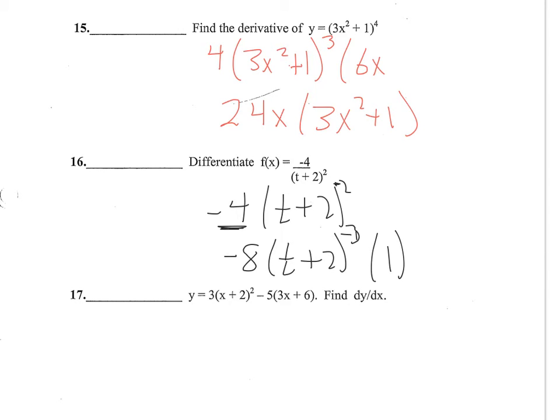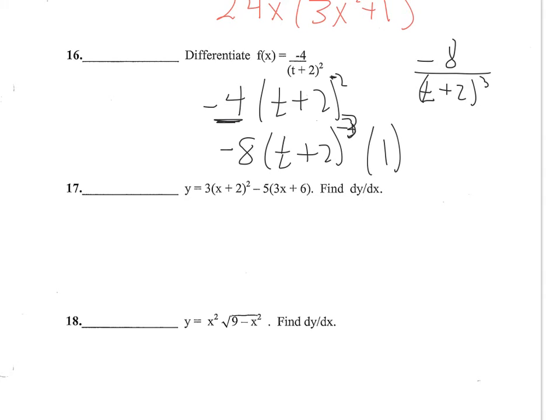So that means this is a negative 3, times the derivative of t plus 2, which is 1. Alright, and then you have negative 8 over t plus 2 to the third in the denominator.